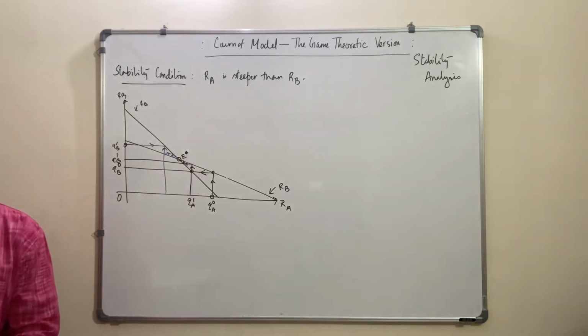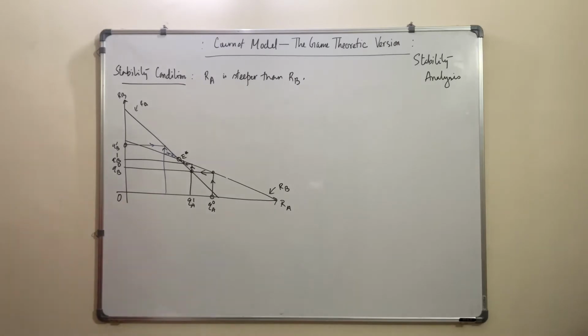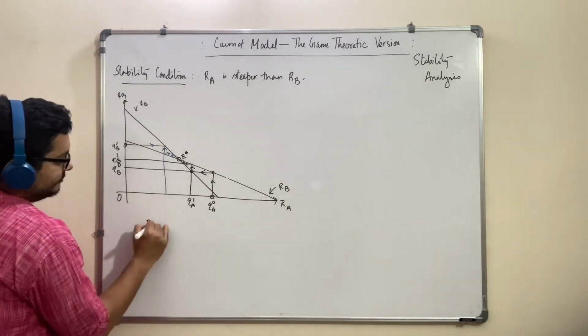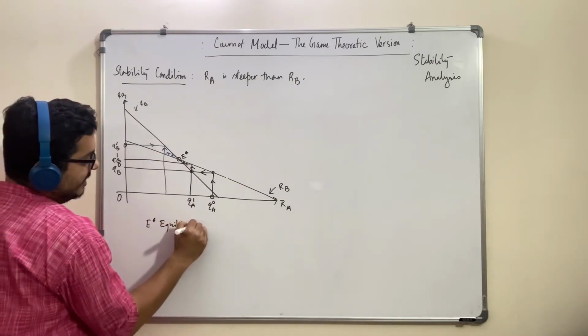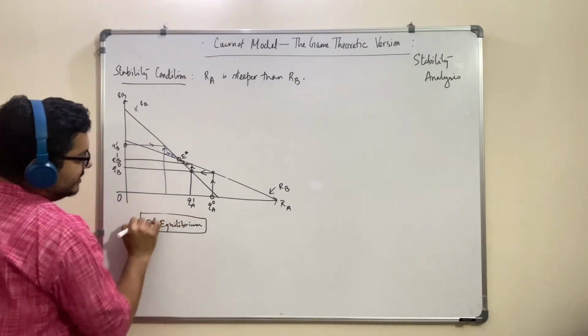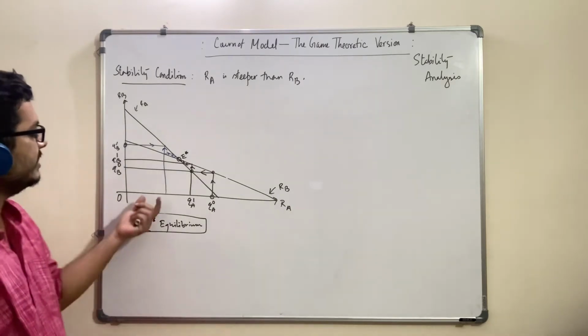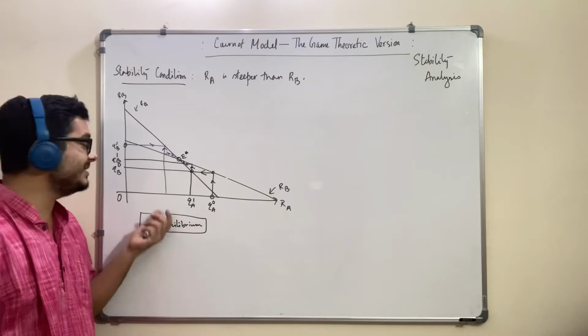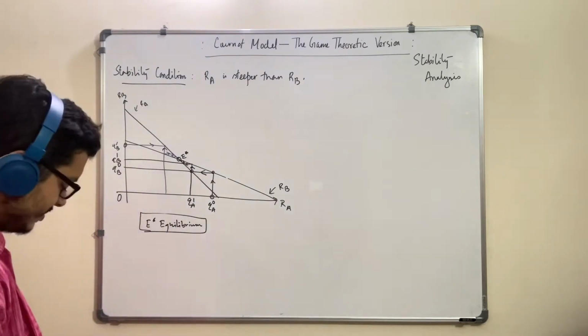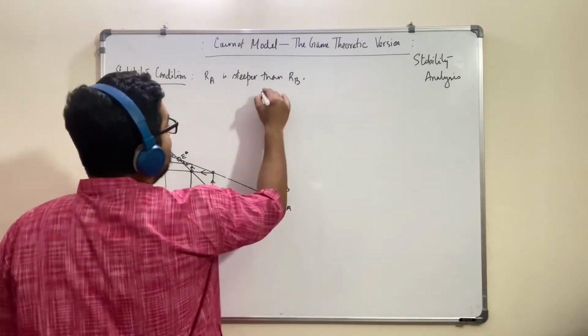So there is no issue with E star being the equilibrium. Now let's go a little bit deeper into the way of reaching this equilibrium. How do we reach this equilibrium?